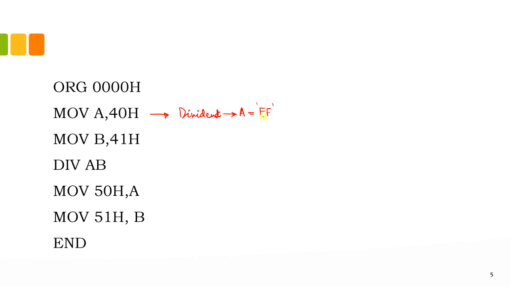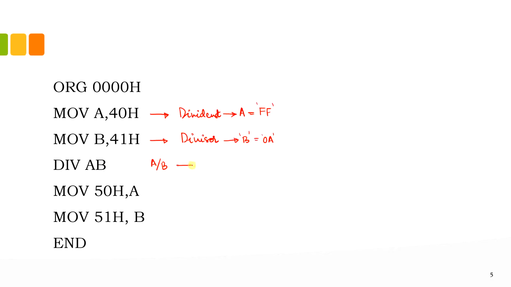This is our dividend. Next, we are going to move the divisor into the B register, and in our example we considered the divisor to be 0A. So A is the dividend, B is the divisor. It will divide A by B.